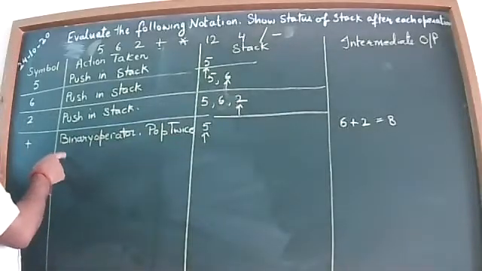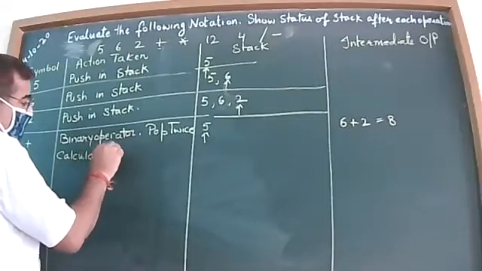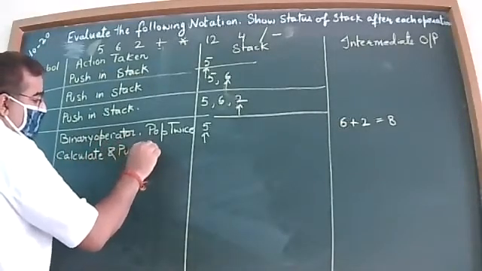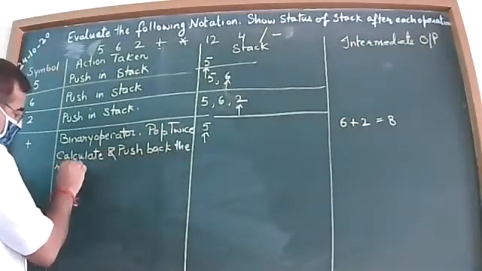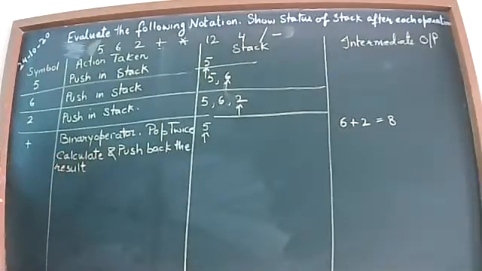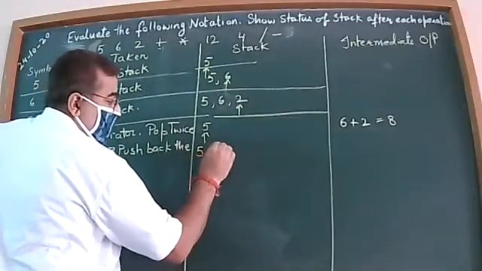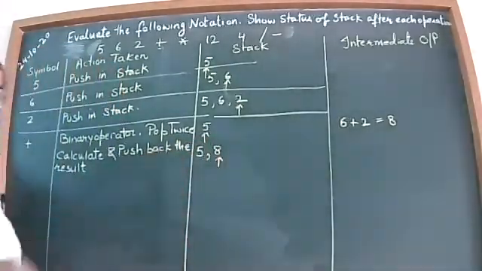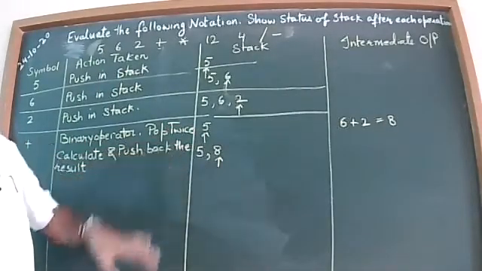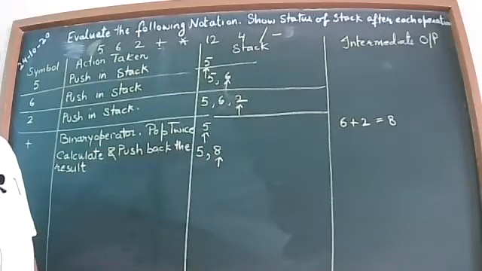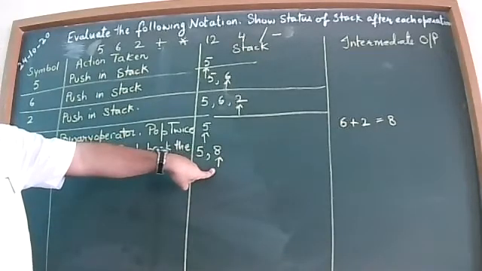In the same step, you will write: calculate and push back the result. What is the result? 8. So 8 is pushed back in the stack. An arrow will point to 8. Clear?